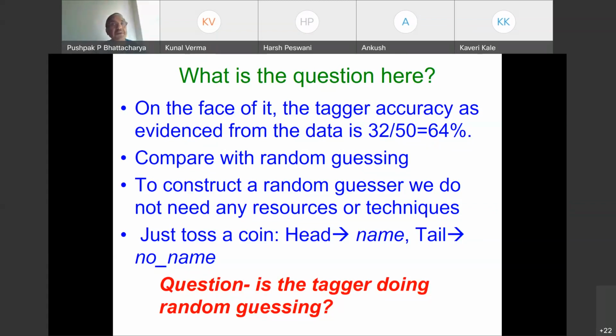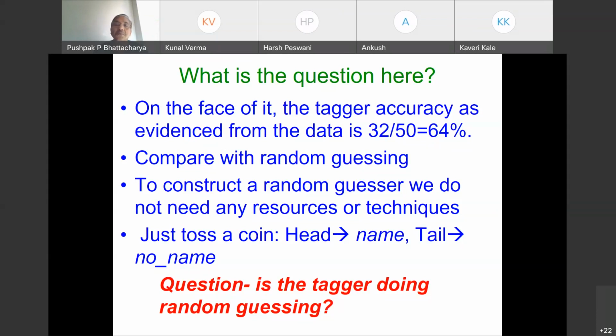Okay, if it is a uniform, unbiased coin, then we know that there is 50% probability of head, 50% probability of tail. So given the data, 50% of the tokens will be tagged as name and 50% as no name, if we go by a random guessing algorithm based on an unbiased coin.